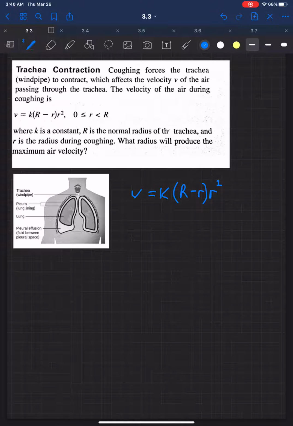Now let's see if we can make sense of this notation. In this case, what is the v? Well, the v is the velocity of a cough.